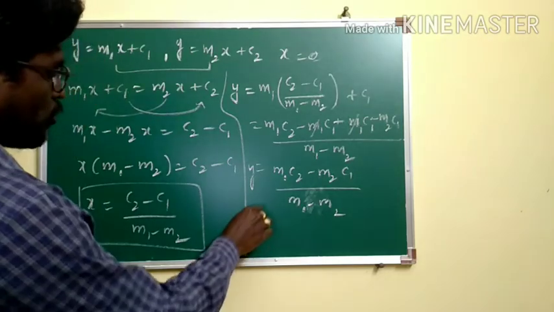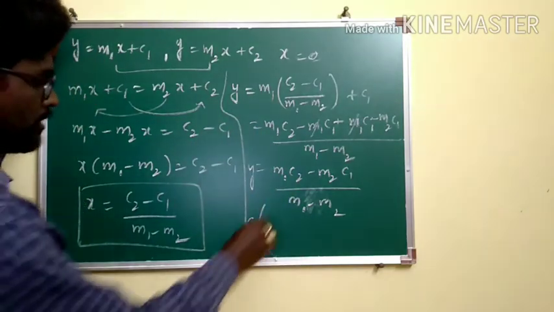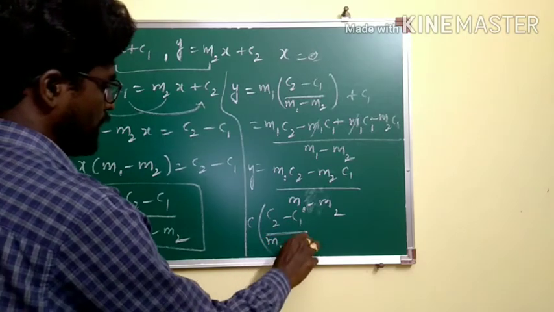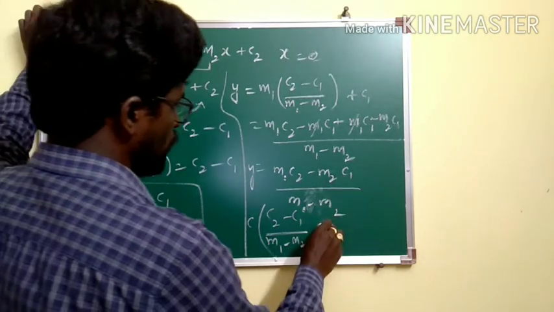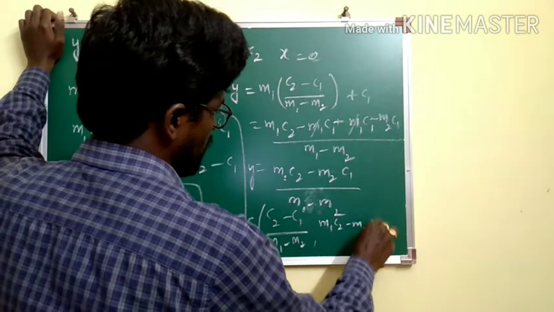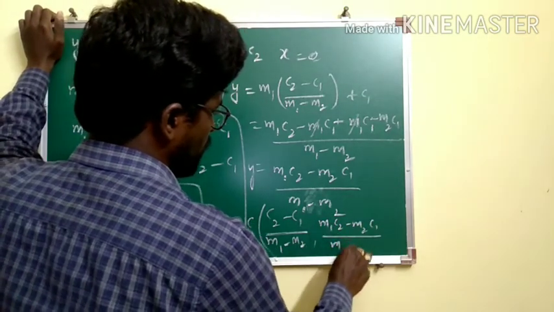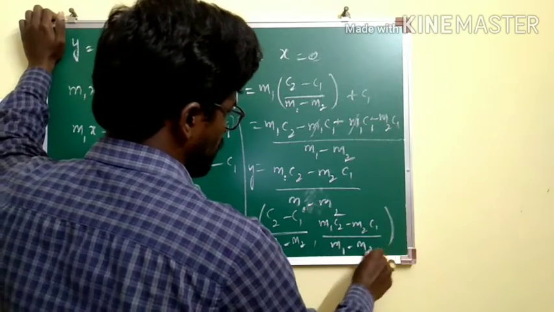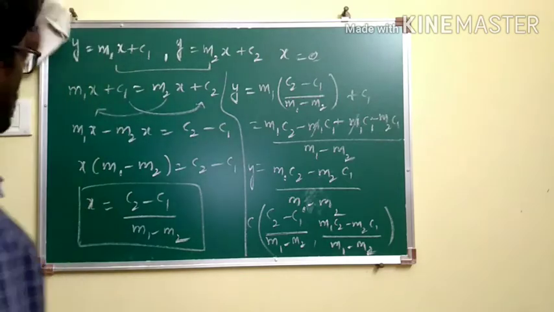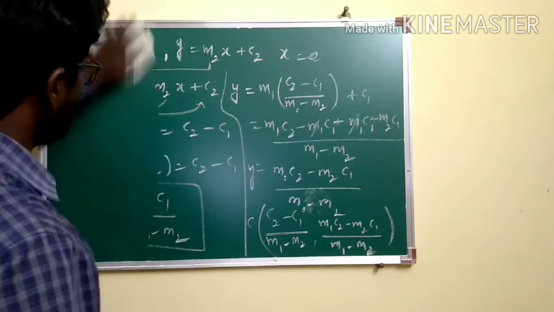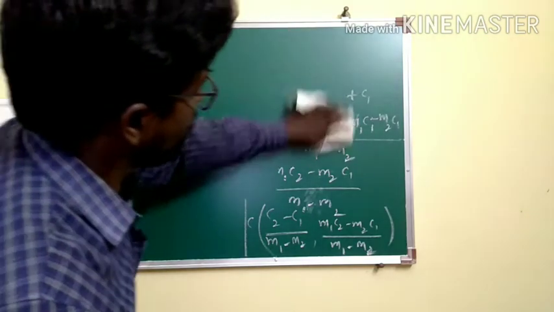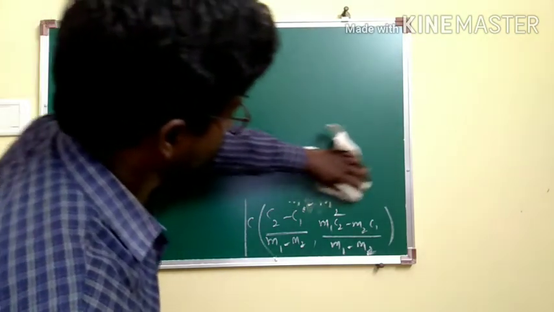So the coordinates of point C are x equal to (c2 minus c1) by (m1 minus m2) and y equal to (m1c2 minus m2c1) by (m1 minus m2). You may feel it is a little lengthy, but if you can solve a little faster, it becomes much easier.